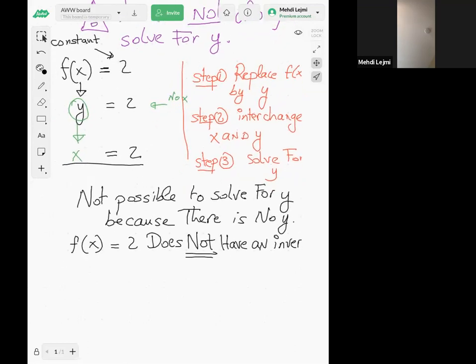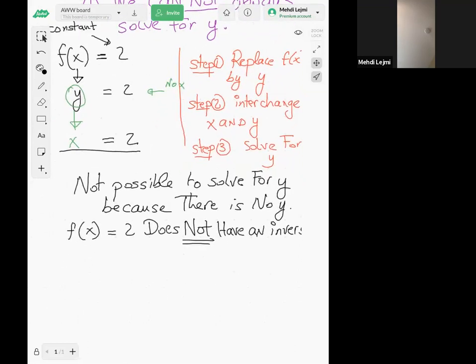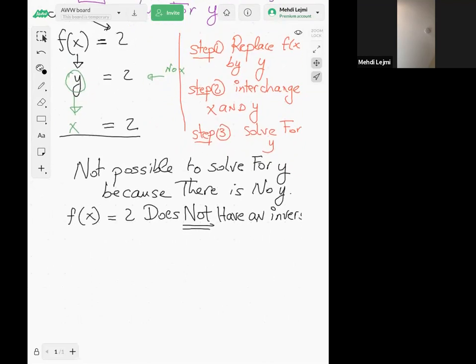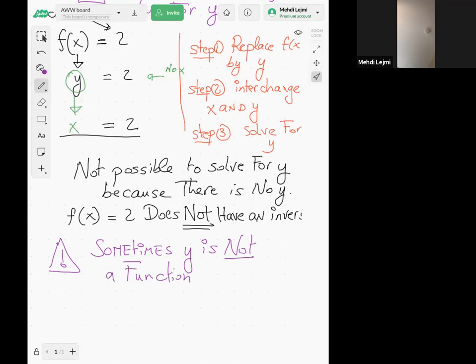Here's another example where you can solve for y, but y won't be a function. So this is another remark: sometimes y is not a function.